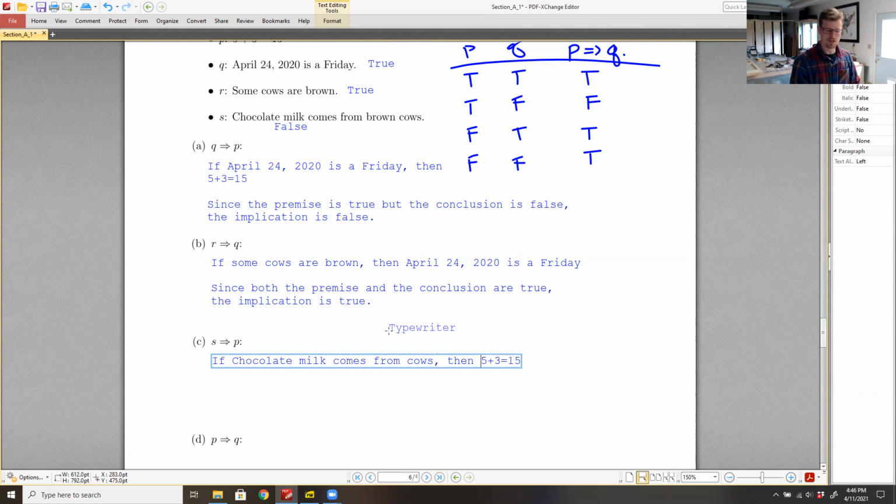And of course, I don't really care that 5 plus 3 is equal to 15, but chocolate milk comes from cows is false. So that's the first thing I check, and that's the only thing I have to check since it's false. So since the premise is false, I don't care whether the conclusion is true or not, because when the premise is false, the implication is true.